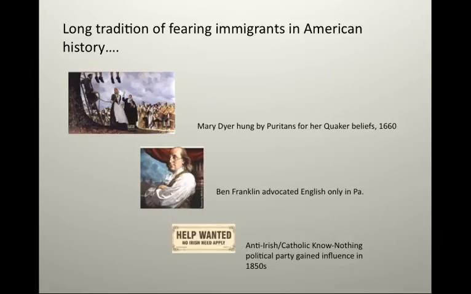In the famous case of the Quakers, who came from England and who refused to abandon their religious practices when ordered to do so by the rulers of the Massachusetts colony, they eventually faced public execution. Mary Dyer was a woman hanged for her religious beliefs. There's a statue to this day in Boston acknowledging that.